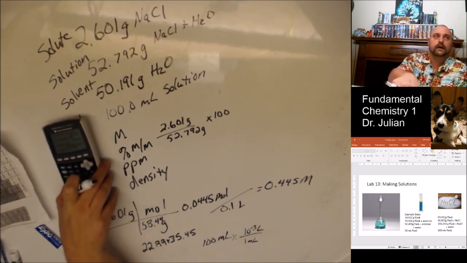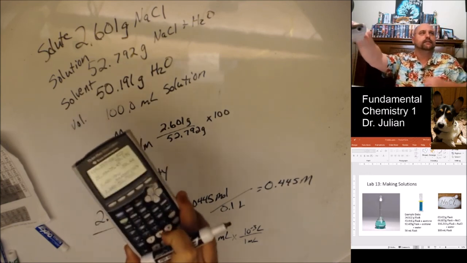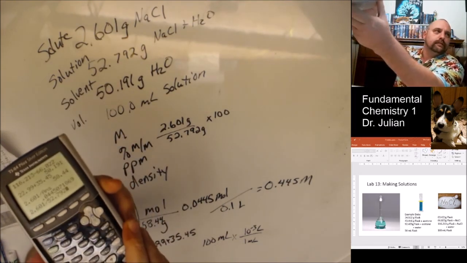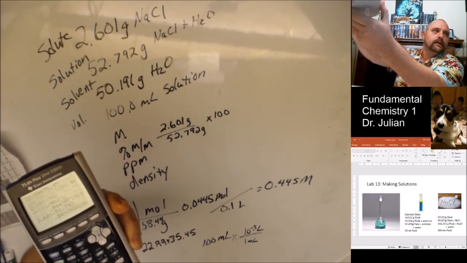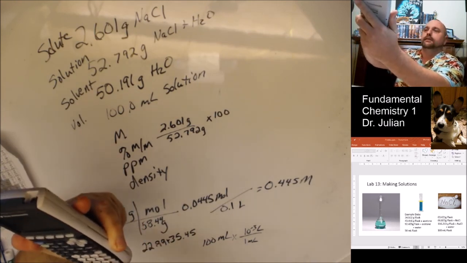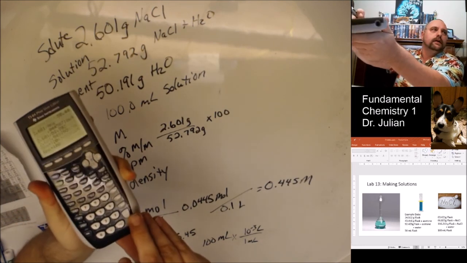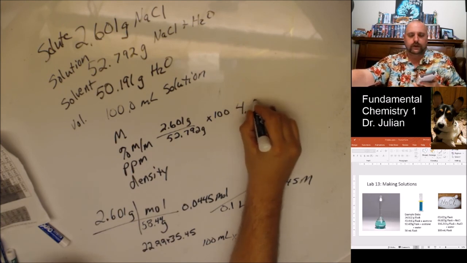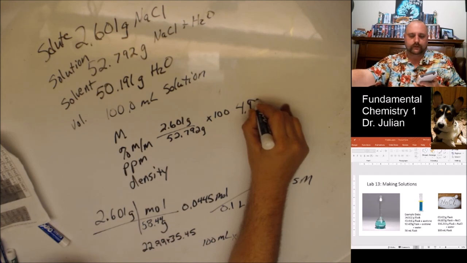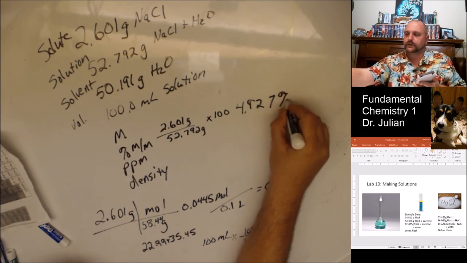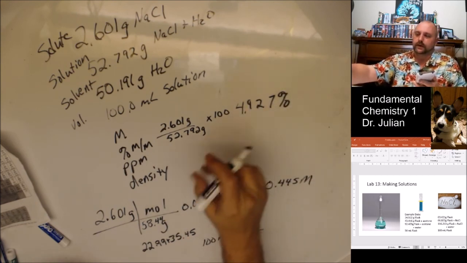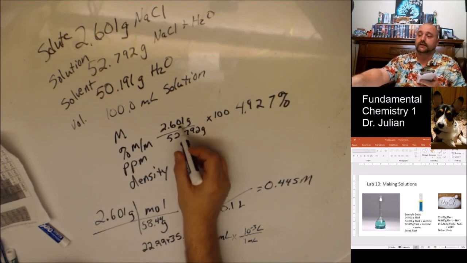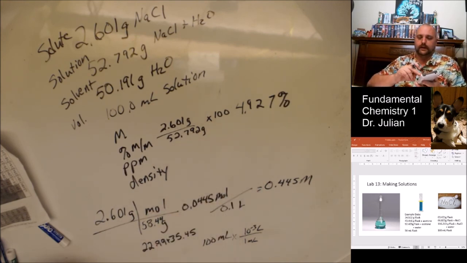I've got that typed in, I'm going to hit enter, and then say times 100. That gives me my answer here, which is 4.927%. We had 4 sig figs there.